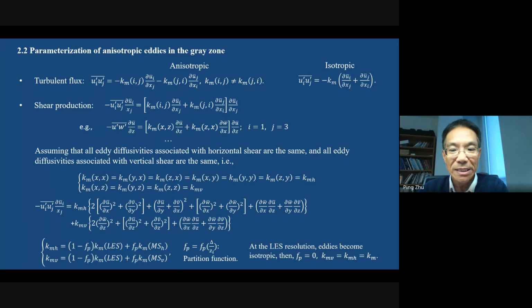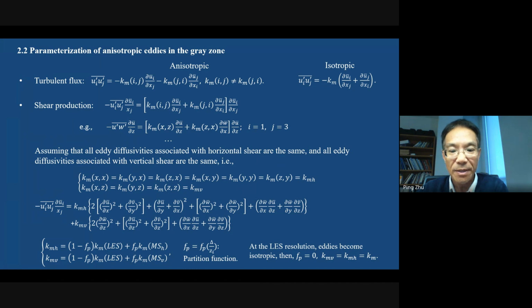Then we can rewrite the shear production in terms of direction-dependent Km. Assuming that all eddy diffusivity associated with horizontal shear are the same and all eddy diffusivity associated with vertical shear are the same, the shear production can be simplified by the equation where Kmh and Kmv are the horizontal and the vertical eddy diffusivity in the gray zone.